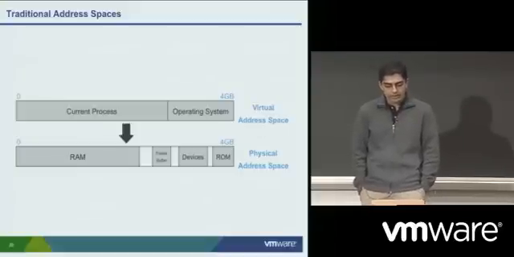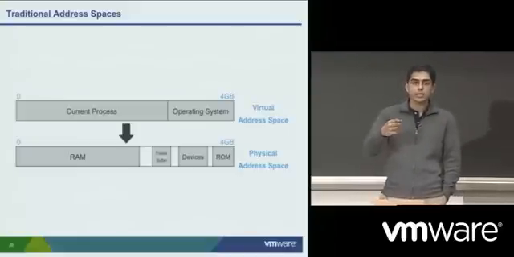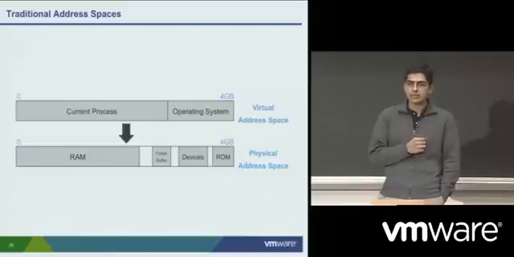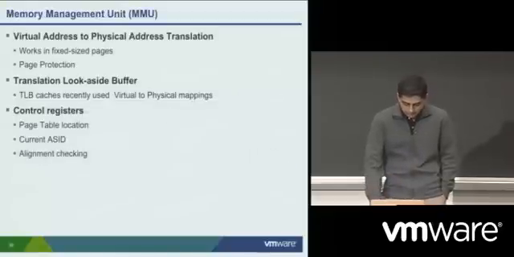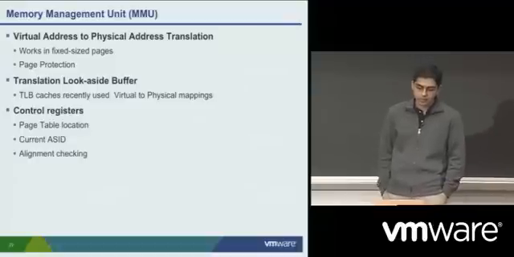So the idea here is, the process would actually still make memory accesses using virtual addresses, but then the operating system would manage the translation of these virtual addresses to the underlying hardware's physical addresses. The translation itself is actually done with the help of this component called the memory management unit.